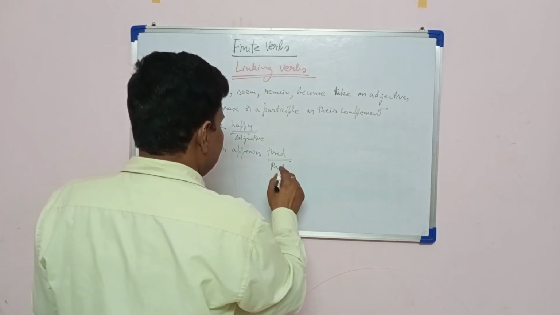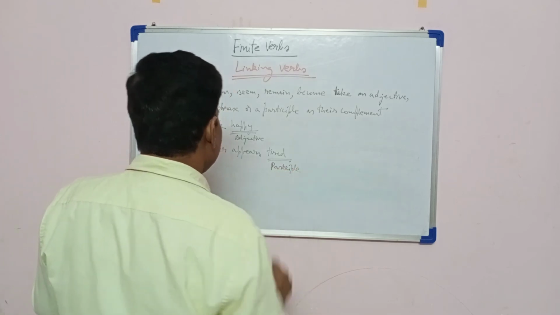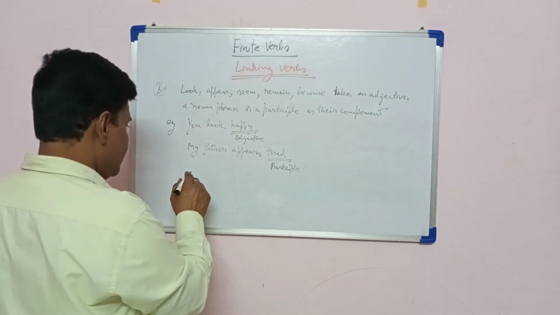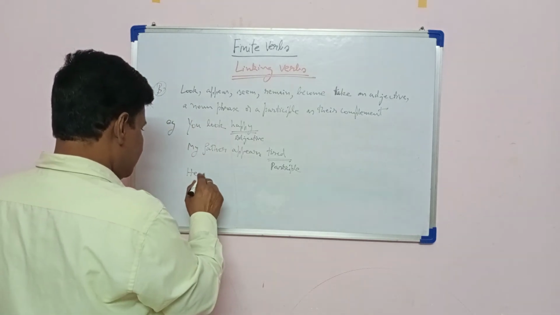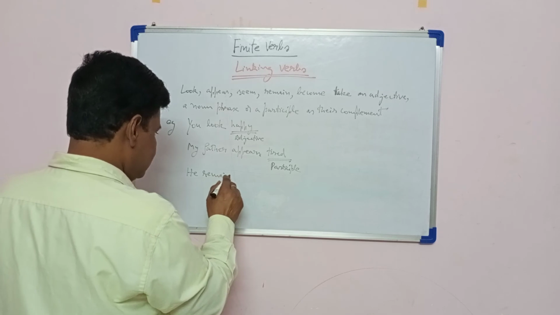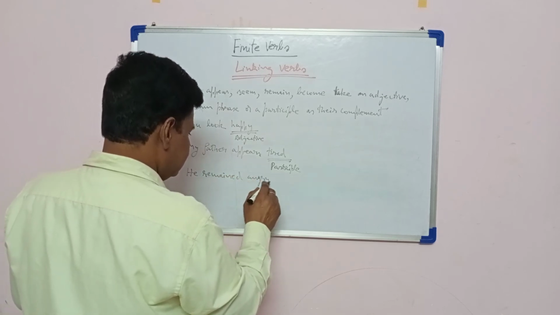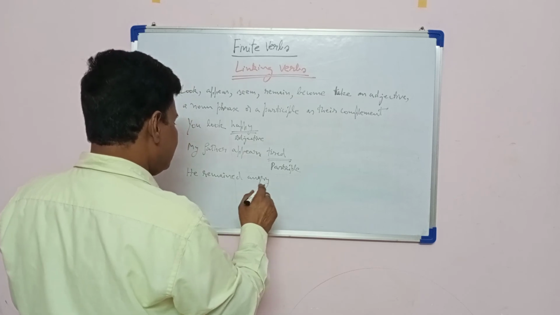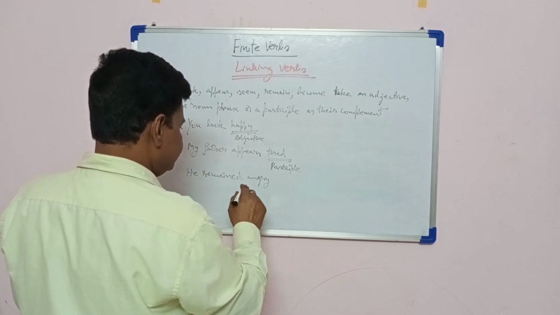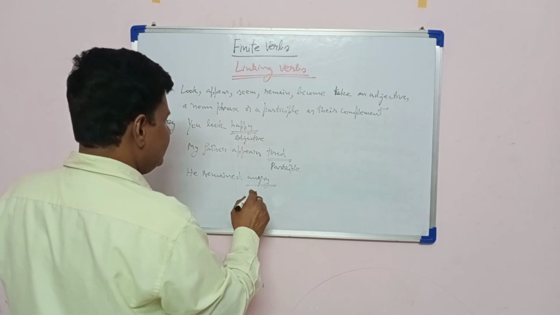This is a participle. He remained angry. This is an adjective.